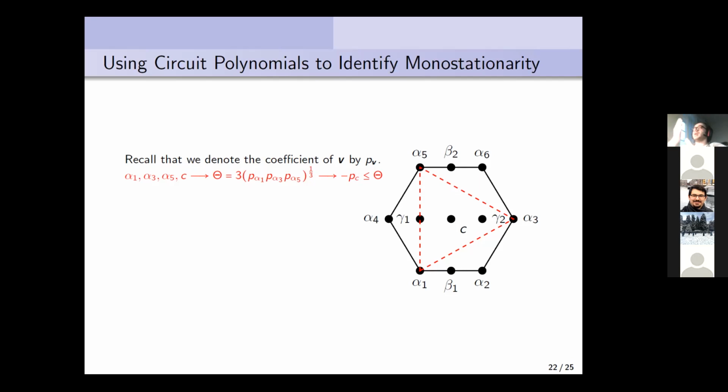If you are non-negative on this hexagonal face, then you are non-negative everywhere. But this is not the only circuit one can write. You can also choose the circuit given by alpha 2, alpha 4, alpha 6, as well as this one-dimensional circuit and this one-dimensional circuit.